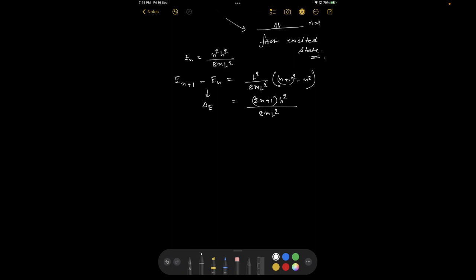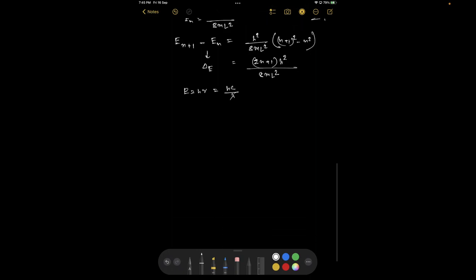Now we have to find the wavelength. So we know E equal to h nu or h c by lambda. So let's just put this: hc by lambda equal to (2n+1) h square by 8m L square.